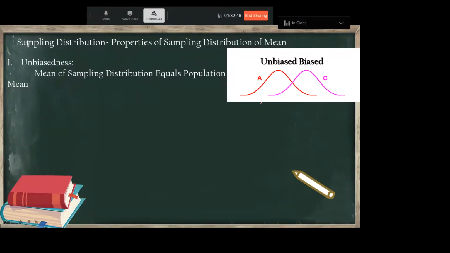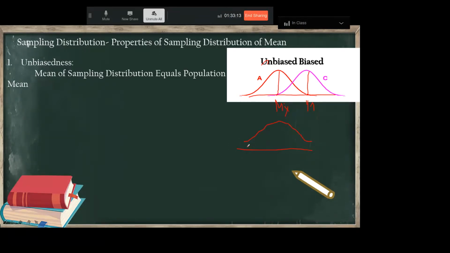So what is this? This is biased, right? This is not unbiased, because here it's not equal. Here it's not equal, right? So this is a point where it's mu of x bar and this is mu. So in this case it's not equal, so it's biased. Otherwise it's unbiased, if it's the same.